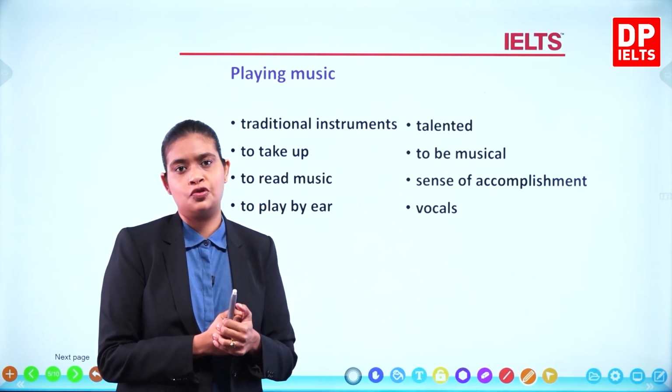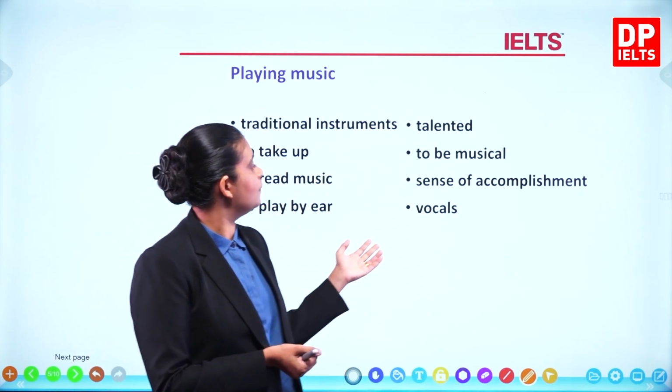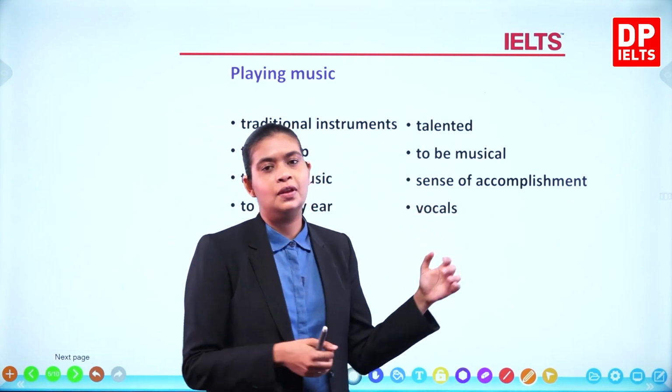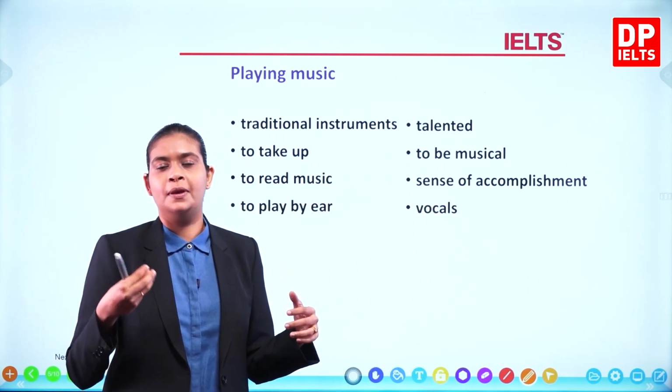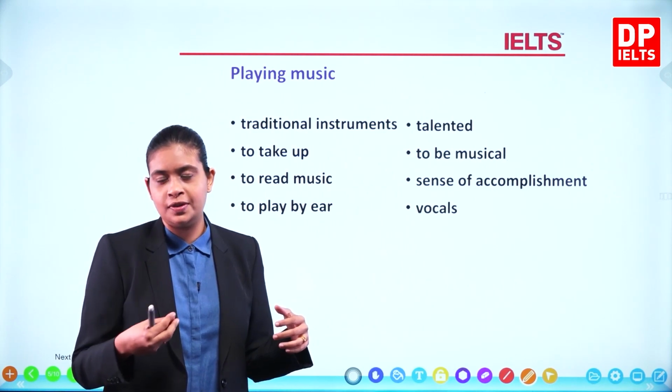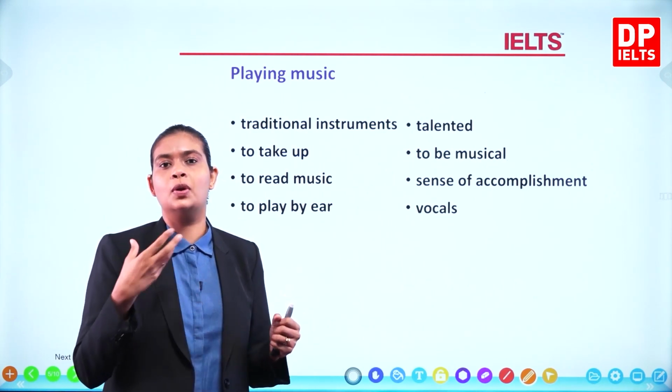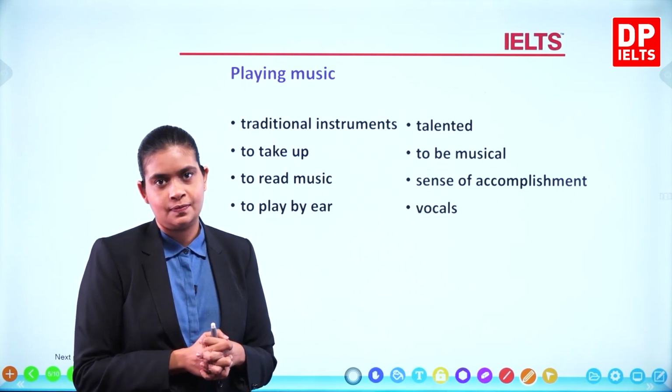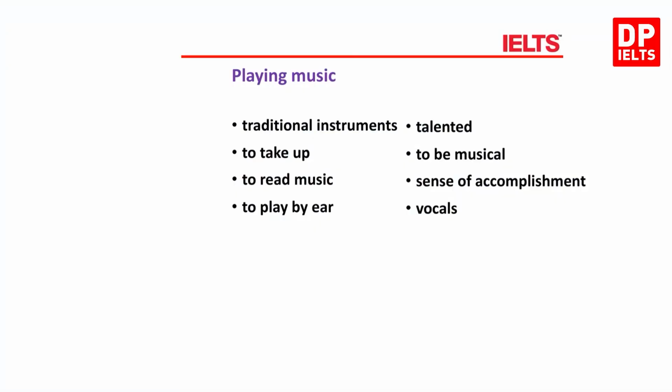Ha, I've done a good job. Okay. Vocals are the people who actually sing out. That is a vocalist. Okay. So the vocals are the lyrics, right? So let us have a look at the meanings in detail again.